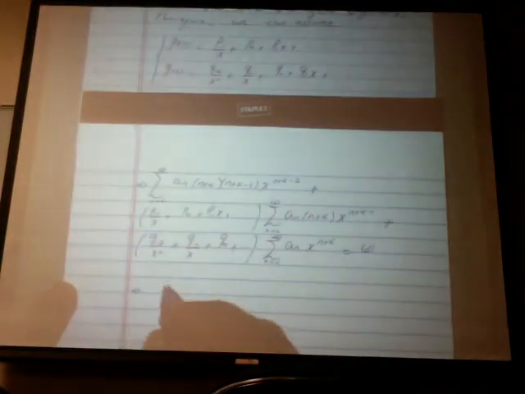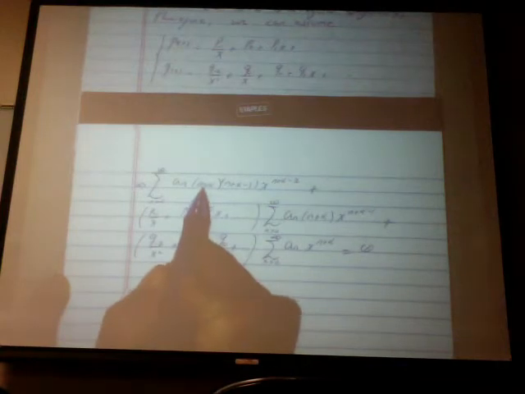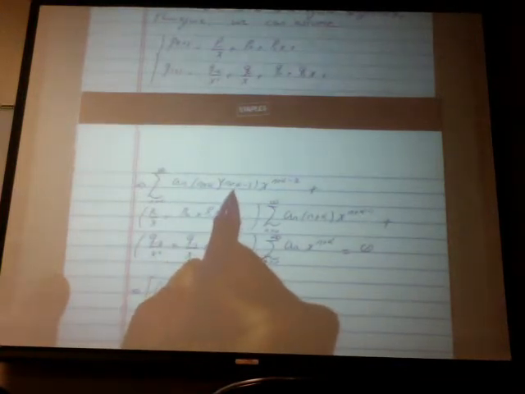So if I evaluate the first term of each series, then when n is equal to 0, I get a0 k(k-1).